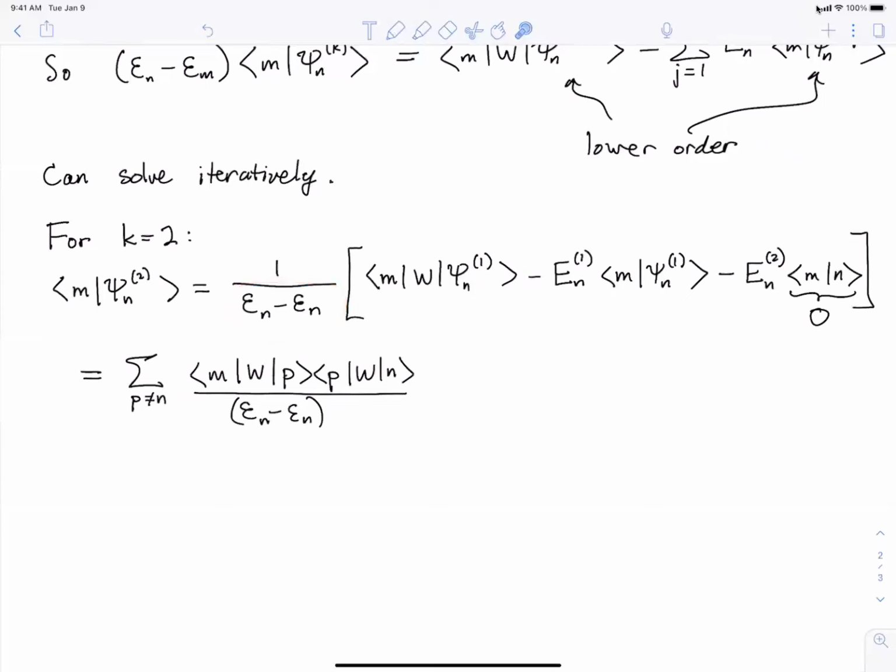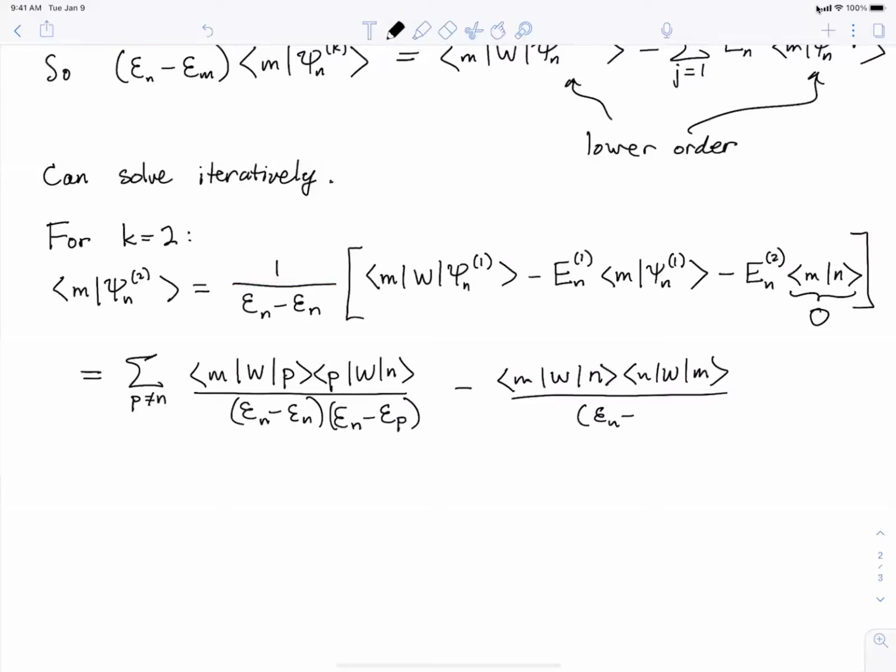Inside here, there's also the energy difference E_n minus E_p. Then there's a term from the second term, which looks like ⟨m|W|n⟩⟨n|W|n⟩ divided by (E_n minus E_m) squared. And that should also be an m.